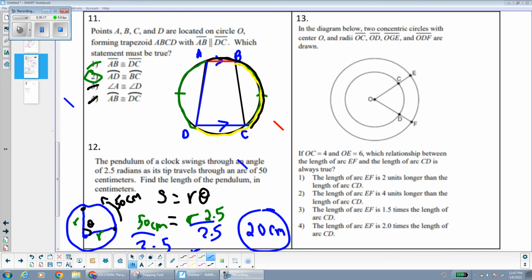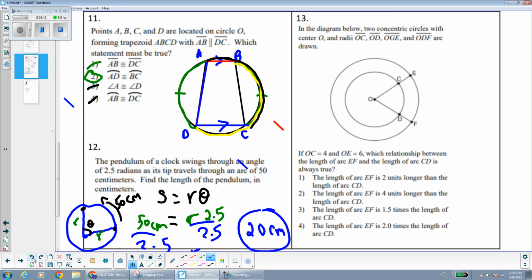For number 13, it says in the diagram below, two concentric circles. So that means they're two circles that are different sizes, but they both have the same center. As you can see here, they're overlapping and their centers are both at O here. And radii OC, OD, I'm guessing that means OCE, not OG, and ODF are drawn.